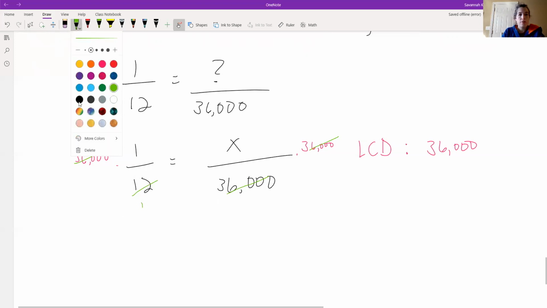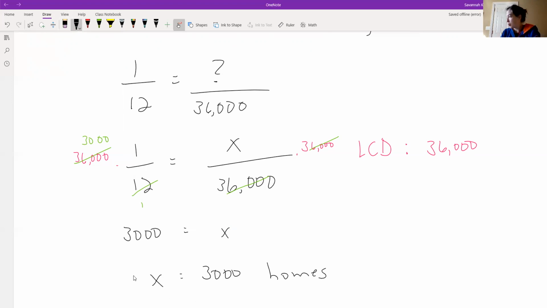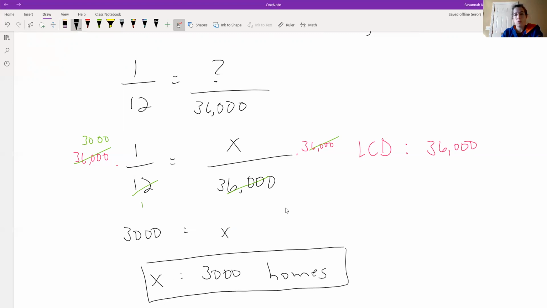And what you'll have is 3,000 equals X, or X. Be careful, that's my color. Or X equals 3,000, and that would be 3,000. What's mine? Okay, so we get 3,000 homes.